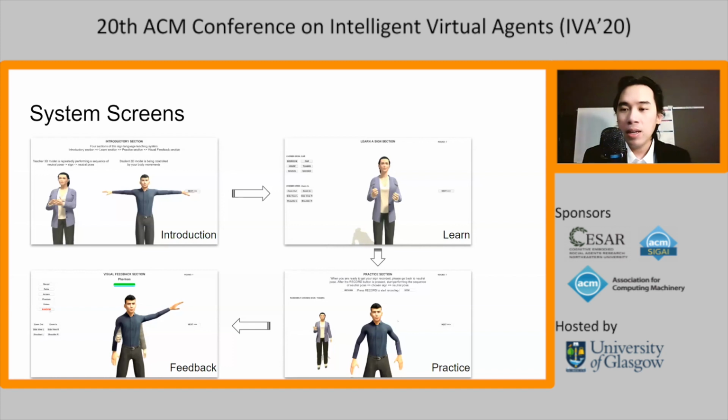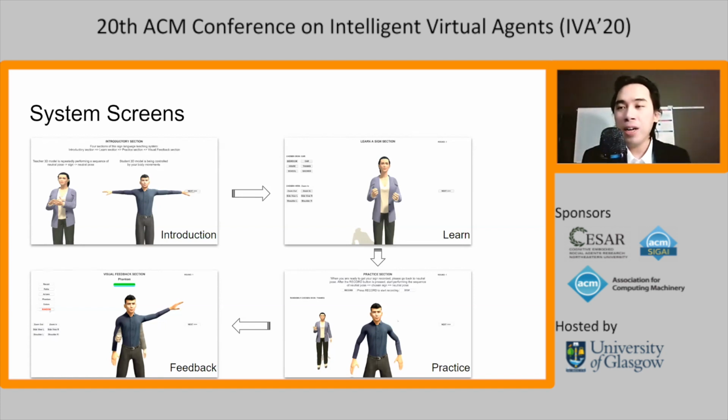In the learn screen, they have a chance to learn different signs from different angles by looking at the 3D avatar of the teacher performing the correct sign. In the next screen, the practice screen, they have a chance to practice the sign as many times as they want to. And they can see the movement reflected on the 3D model of the student.